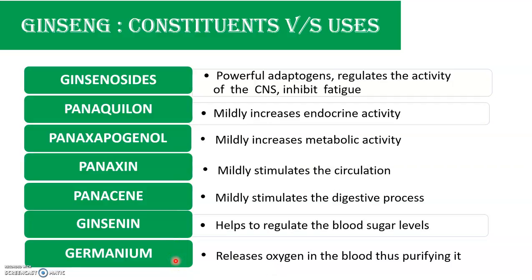So, here ginseng has a plethora of constituents leading to various pharmacological uses, be it CNS, endocrine, metabolic, circulation, digestive, or releasing oxygen in the blood to purify it. Thus, it is an all-healing drug.